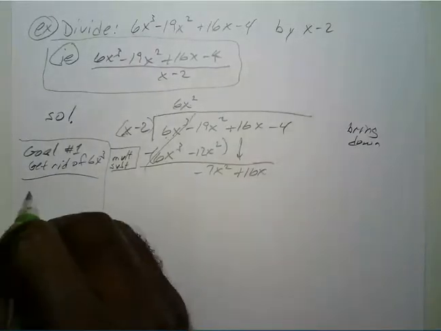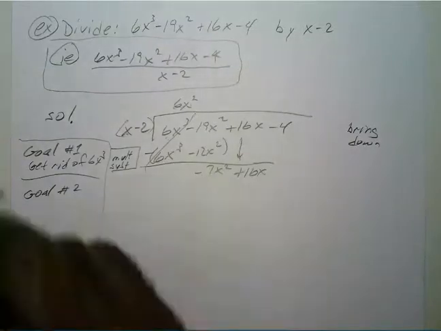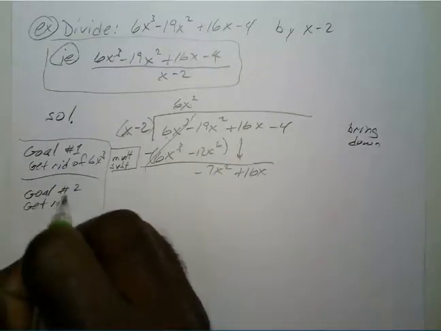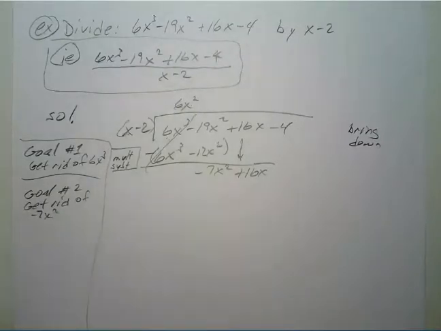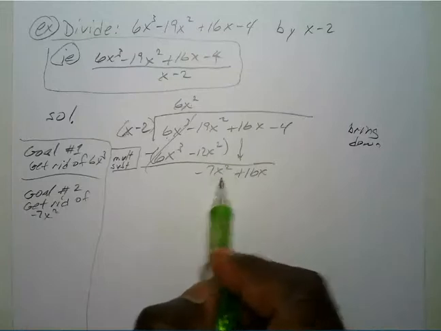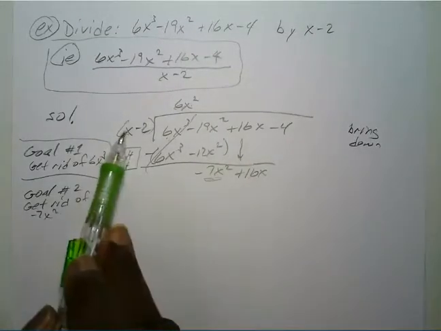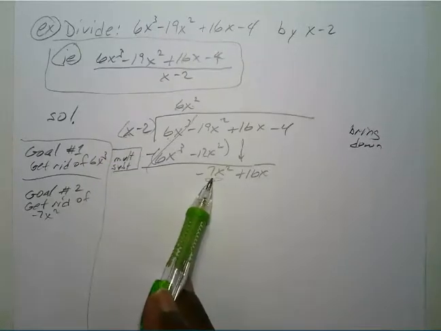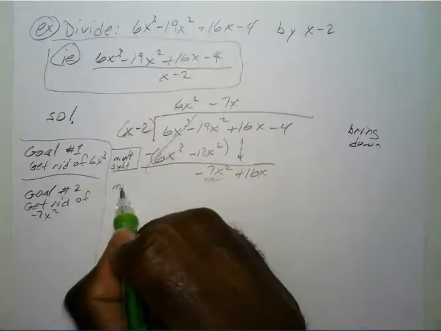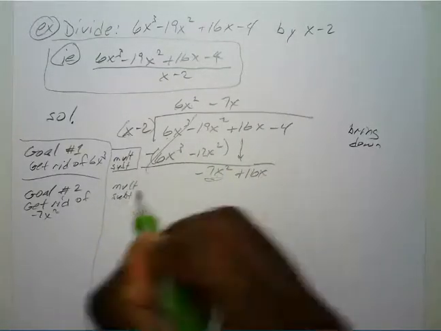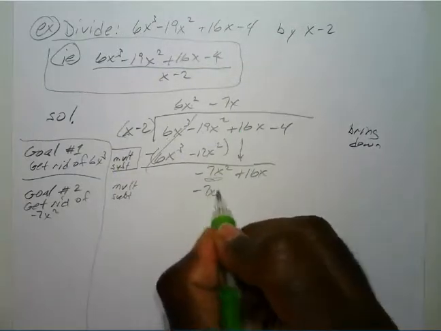Okay, now your goal number 2 is to get rid of negative 7x squared. Okay, so that means we have to find out what we have to multiply by x to get that. Well, it's negative 7x. Okay, so once again, we multiply and then we subtract. So negative 7x times x gives us our negative 7x squared.